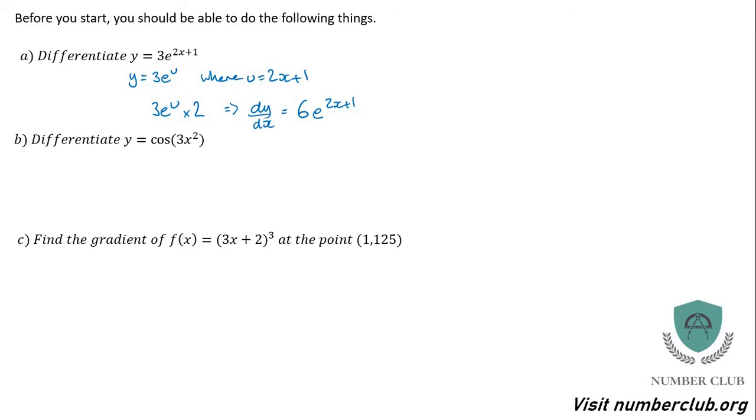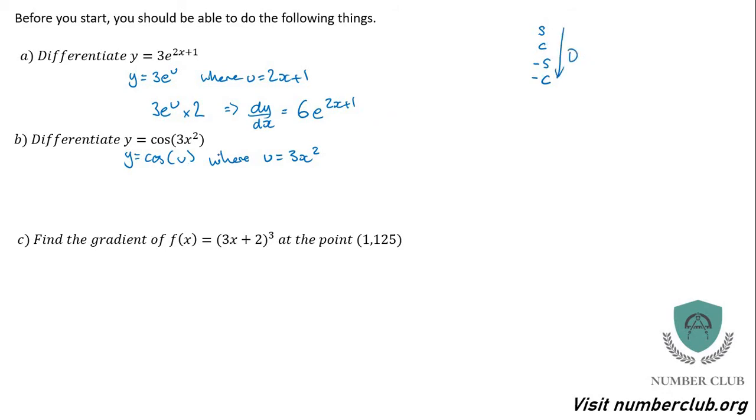Alright, moving on. Next we've got a trig question. Again, we've got a function of a function: cos applied to a quadratic, so we'll express y as cos of u, where u is equal to 3x squared. We're going to differentiate y with respect to u, and then u with respect to x. Differentiating trigonometry, you should know that we've got this ladder: sine, cos, minus sine, minus cos, and d is for differentiation, d is for down.